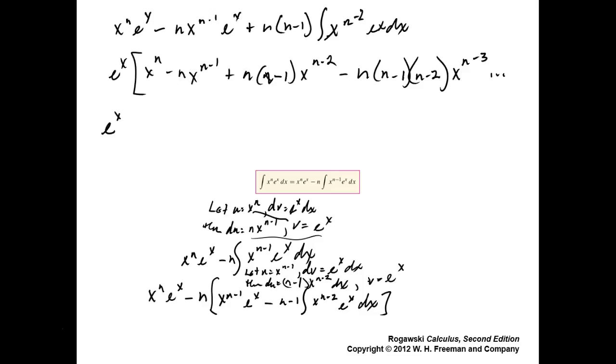Okay. So you see, you break down another derivative every time, and every time it's by this. So basically, what we have here is our reduction formula.